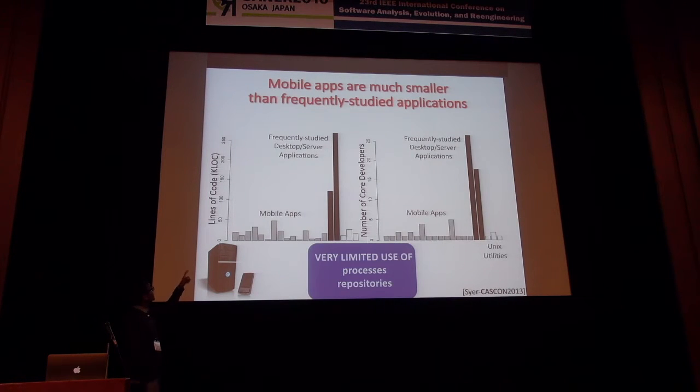The two spikes there are Eclipse and Apache. If you have read any software engineering paper from 5-10 years ago, you'll see that Eclipse is almost a case study system in any empirical study. But Eclipse is used by software developers and built by software developers. But mobile applications sometimes are very small.